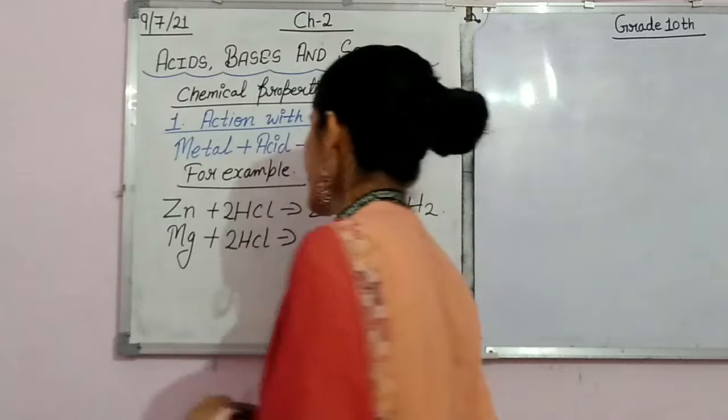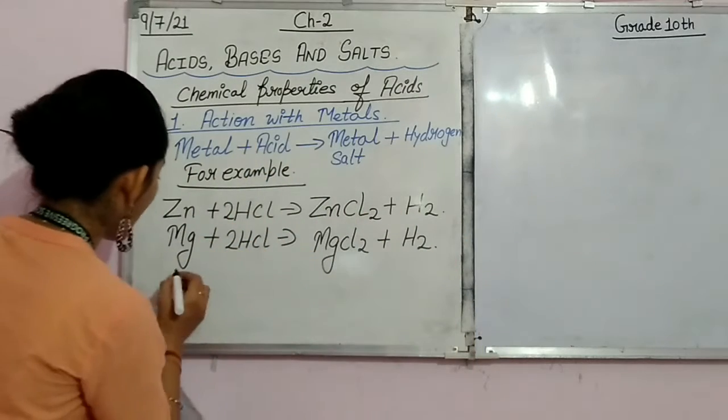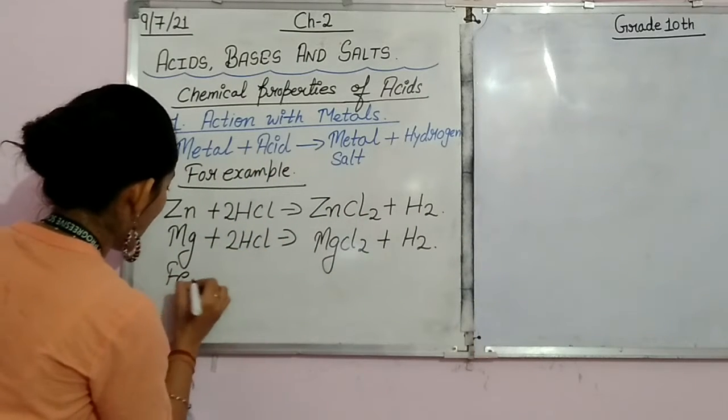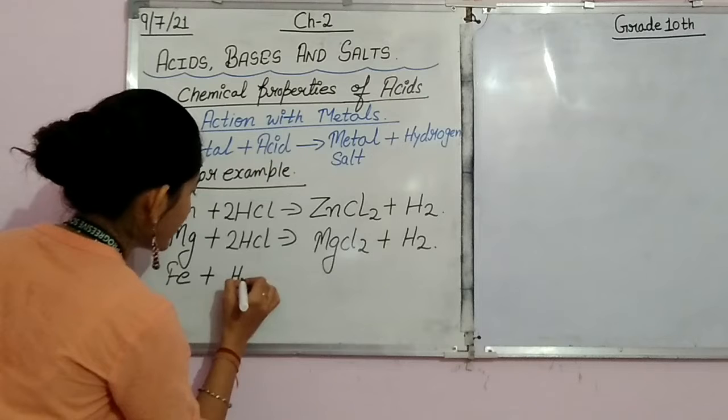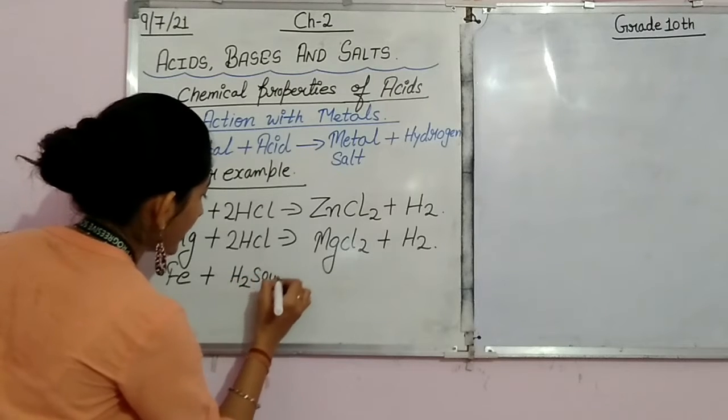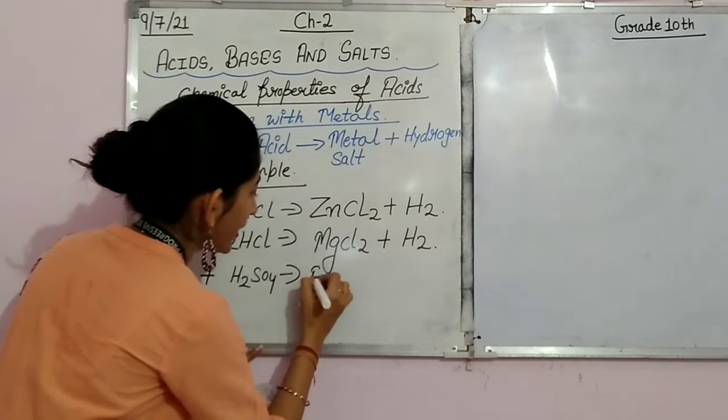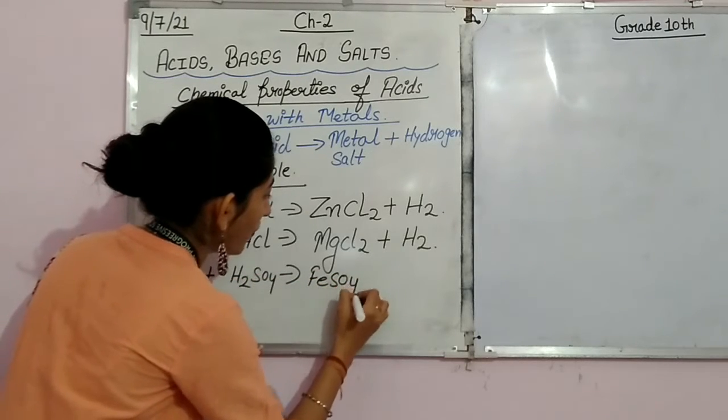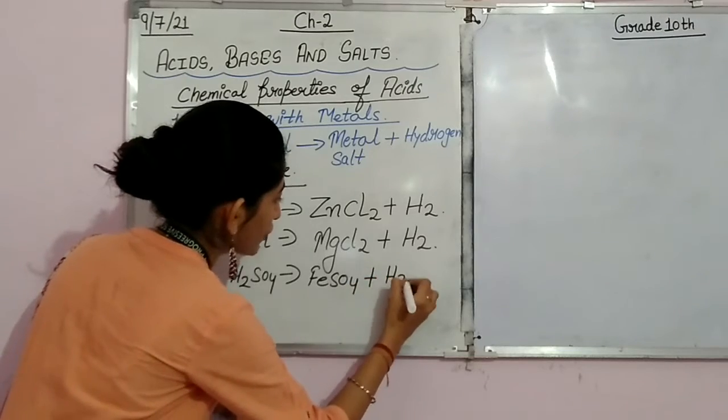Furthermore, suppose we take iron. Suppose we have taken iron, and we are taking H2SO4 with it. Then the product will form FeSO4 plus H2.